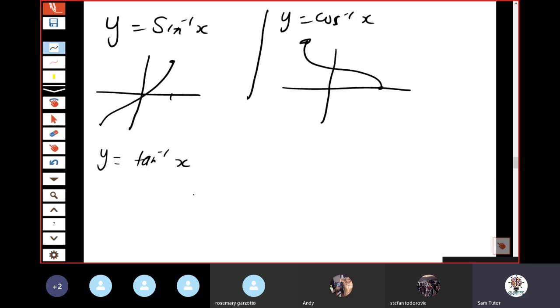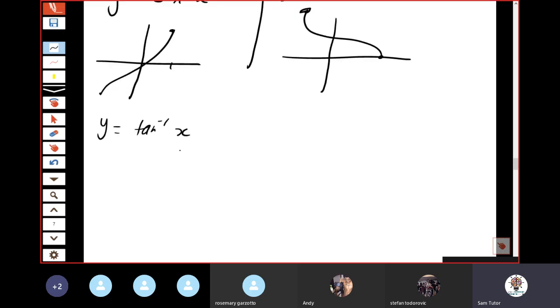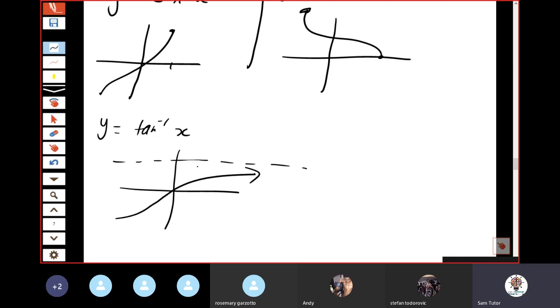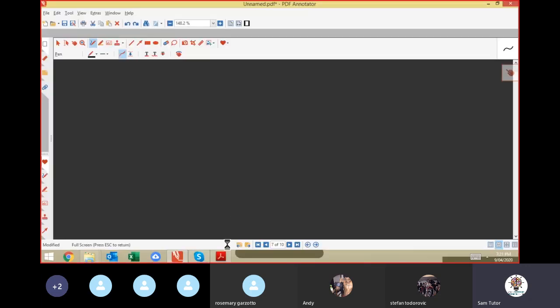I know inverse cos looks like that, and then inverse tan will look like this. And that should be pi on 2 to negative pi on 2. Okay, let me get our inverse sine and inverse cos real quick.